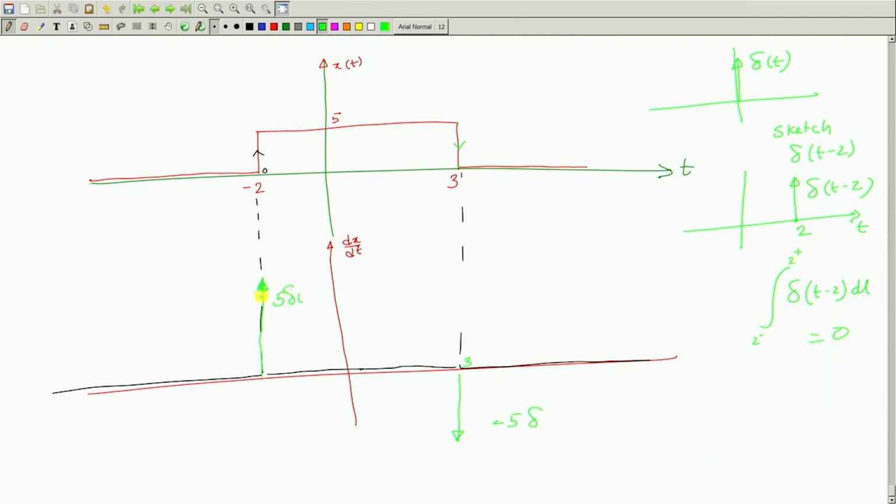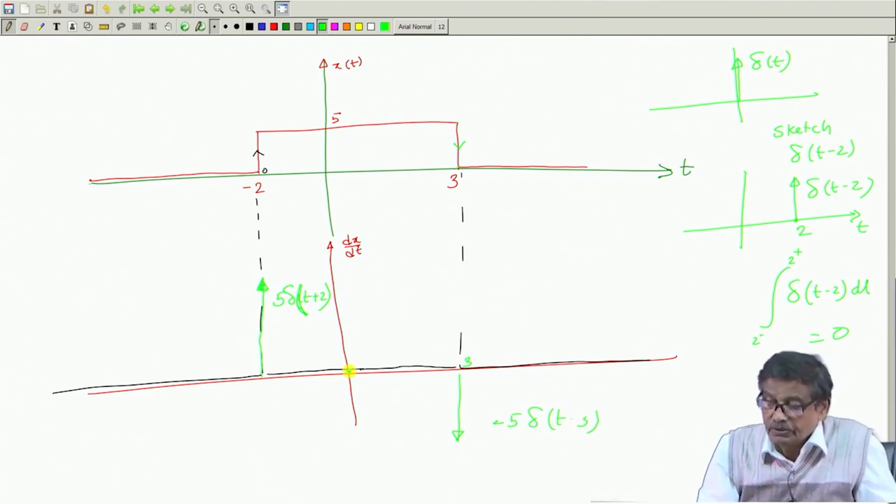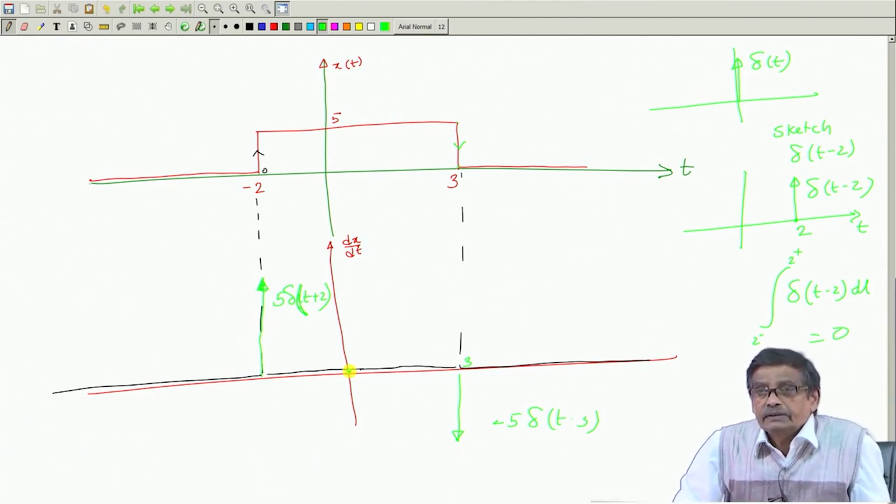Therefore, this function is a shifted delta function. So, it will be a negative value, minus 5 delta, and I must write t minus 3. Similarly, this function I must write as delta(t plus 2), which is given a left shift with respect to the origin. Therefore, dx/dt of this rectangular pulse will look like this, consisting of 2 impulses.